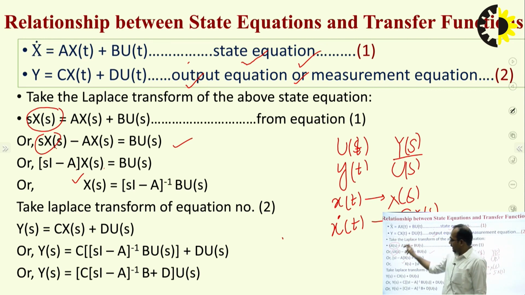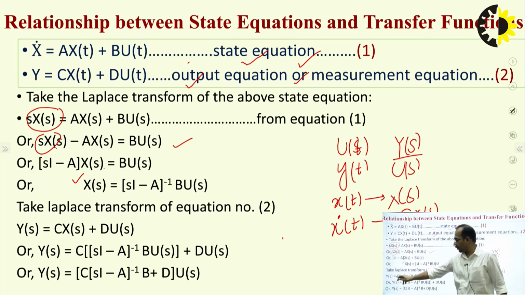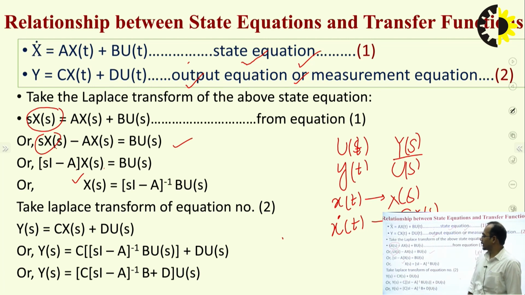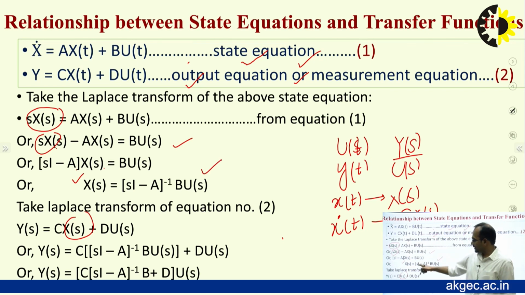Again I will take the Laplace transform of equation 2. I will get Y(s) equal to CX(s) plus DU(s), and I am going to replace X(s) by (sI minus A) inverse BU(s). So it becomes Y(s) equal to C (sI minus A) inverse BU(s) plus DU(s).